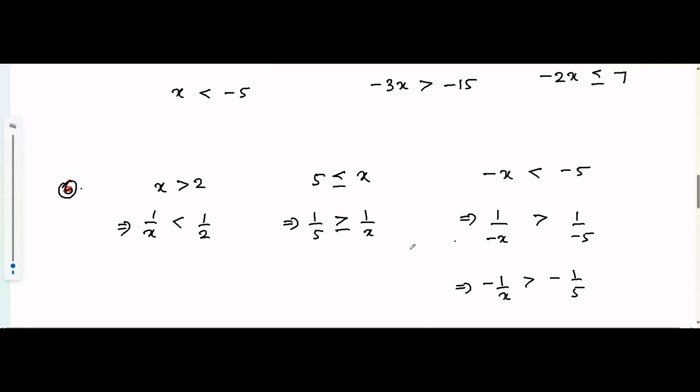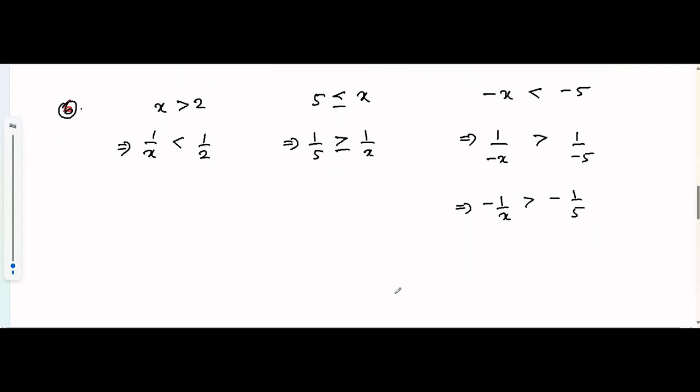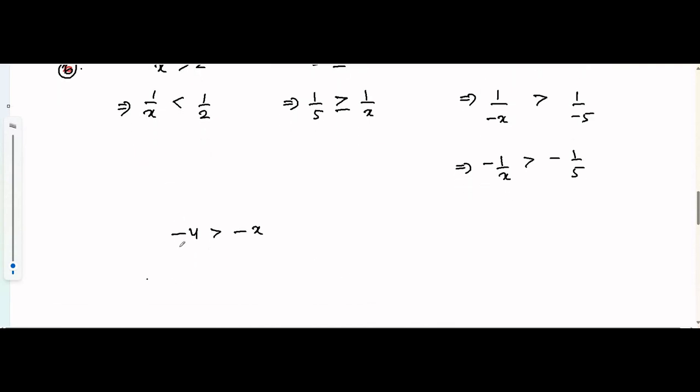Similarly, if we have minus 4 is greater than minus x, then on taking the reciprocal, that implies 1 by minus 4 and 1 by minus x, the sign of inequality will reverse. Greater than will become lesser than, or essentially it is minus 1 by 4 is lesser than minus 1 by x.